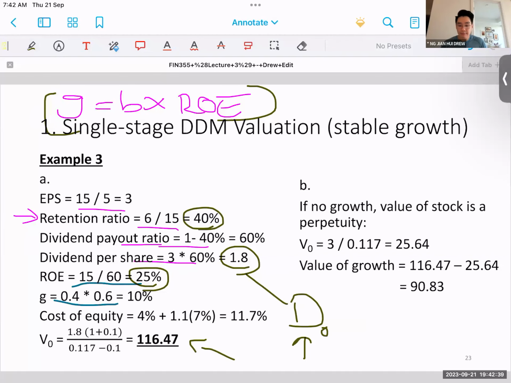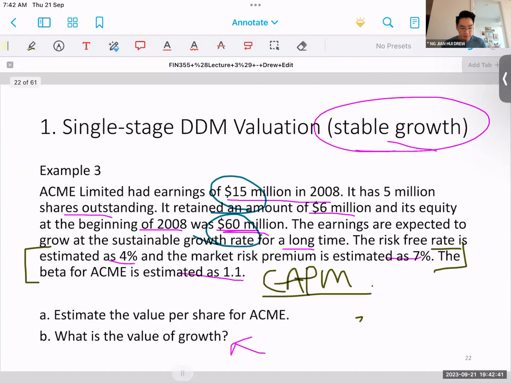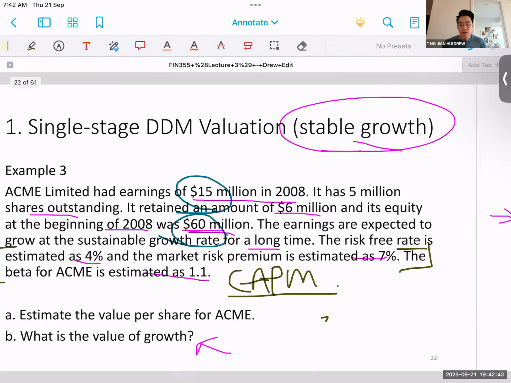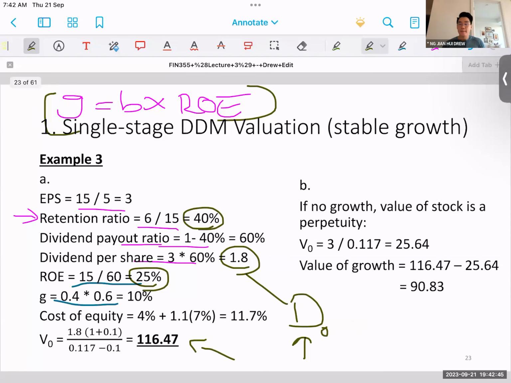All right. Then for part B, what is the value of growth? So we know that if a company is not growing, remember, when there's no growth, what happens? It pays out everything as dividends, right? Remember, that's the characteristic that I told you about. So if it pays out everything as dividends, we just take a perpetuity, right?